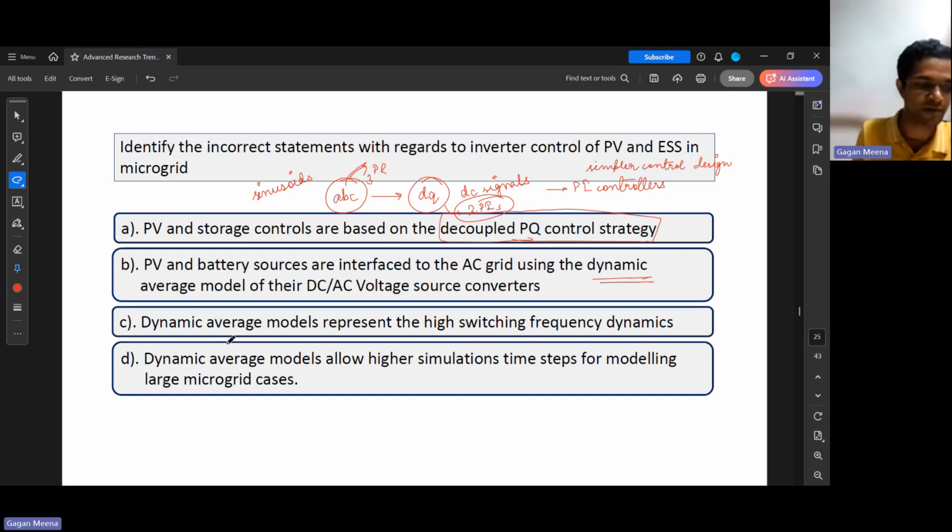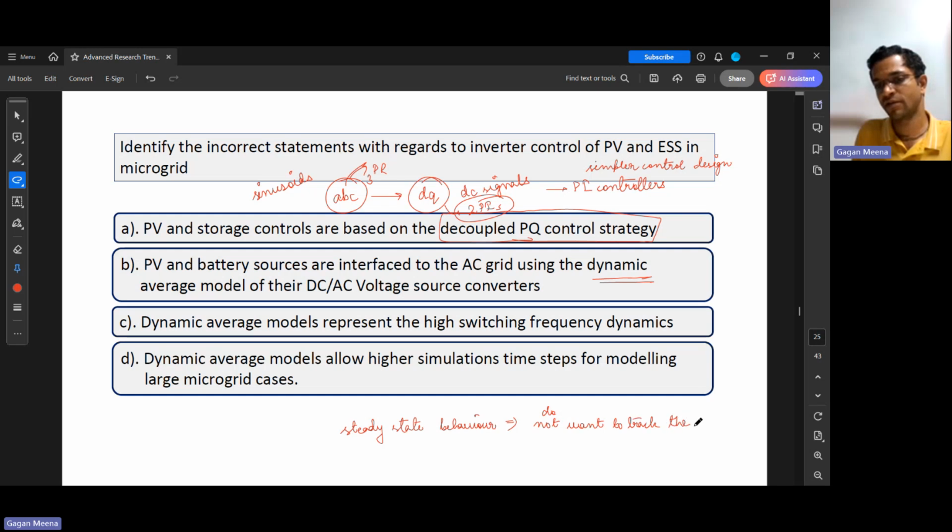We have also seen why the average model will work: if we are only concerned about the steady state behavior and do not want to track the high frequency switching transients, then we can work with the dynamic average model.